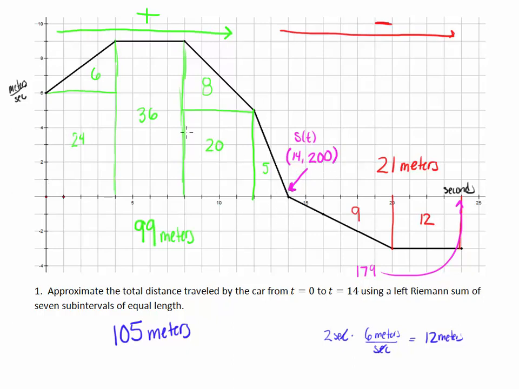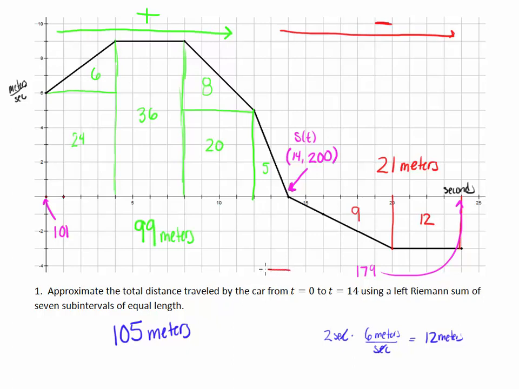So if I'm starting here and working backwards, I need to subtract 99 from 200. That would give me a position at time equals 0 of 101. That way, if I move this way again, from 101 I add 99 and get back up to 200.